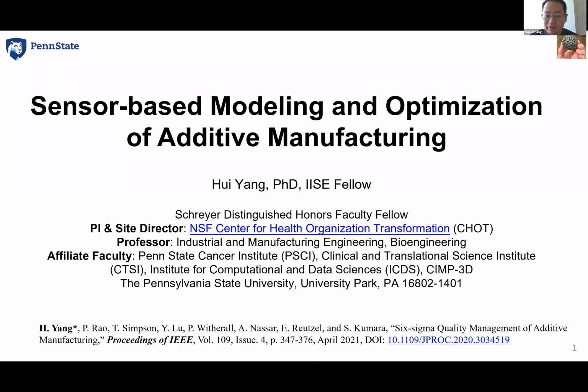Currently, Dr. Yang serves as the PI and the site director of the NSF Center for Health Organization Transformation. Dr. Yang was the president of the IISE Data Analytics and Information Systems Society from 2017 to 2018, and he was the president of the INFORMS Quality Statistics and Reliability Society from 2015 to 2016.